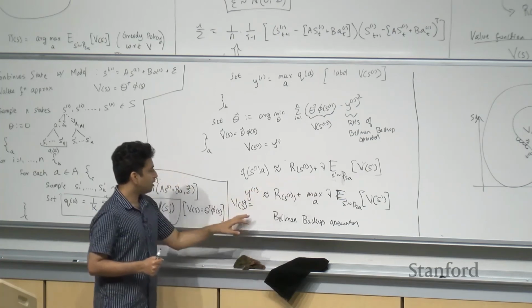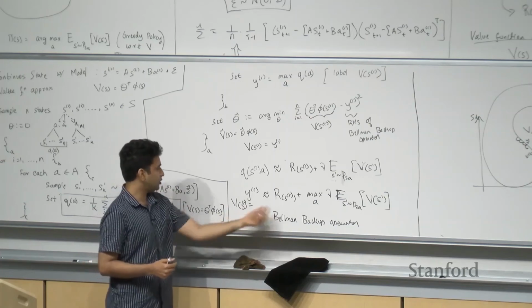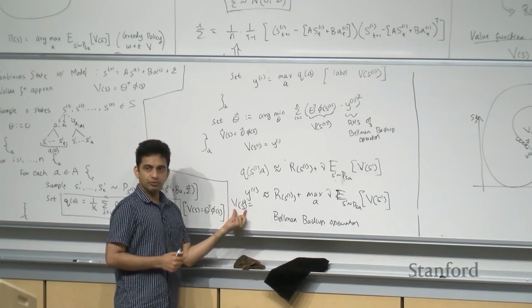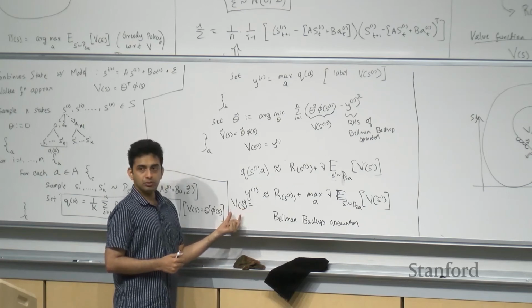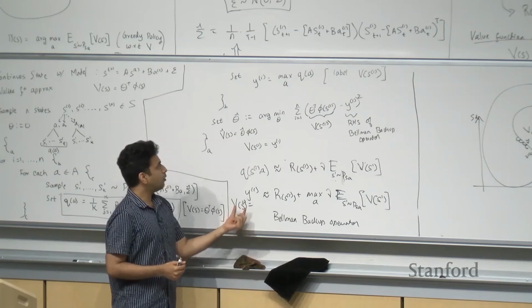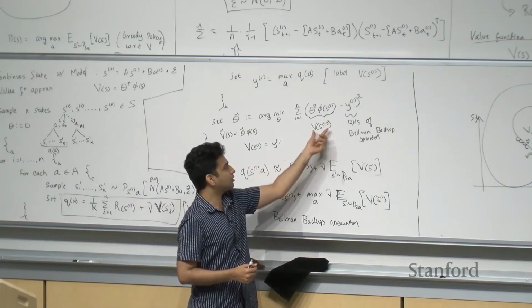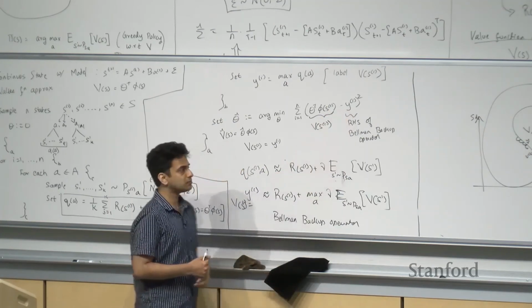Except that in value iteration, we could just set V of s to the value we needed to evaluate to. However, because we are now limited to a parametric family, we minimize the loss between what our hypothesis can predict and what the right answer should be, right?